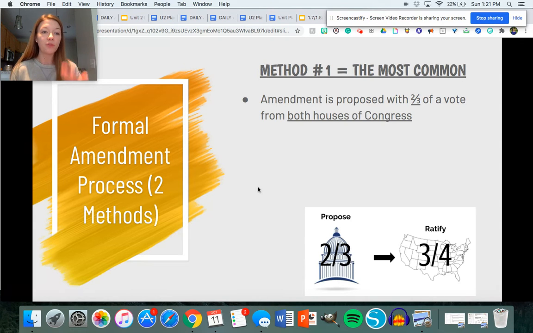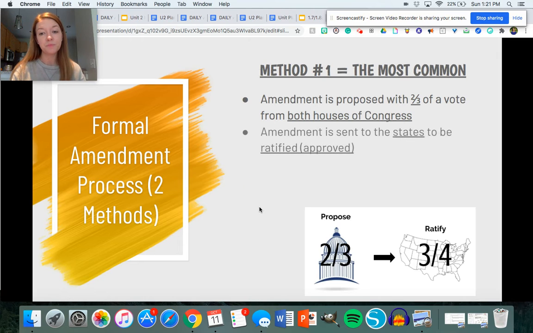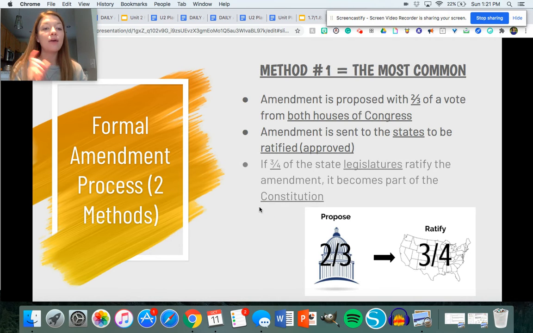So both the House and the Senate have to agree, or 2/3 of those groups have to agree, to propose the amendment. The amendment is then sent to the states to be ratified and approved. If 3/4 of the state legislatures ratify the amendment, it becomes part of the Constitution.